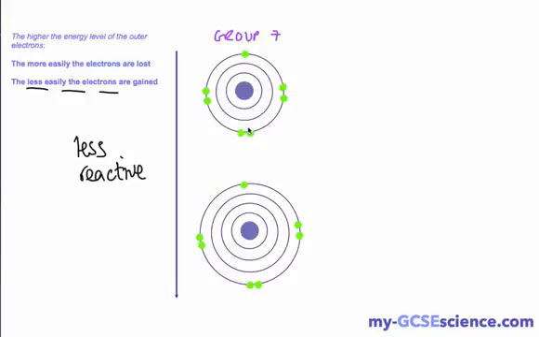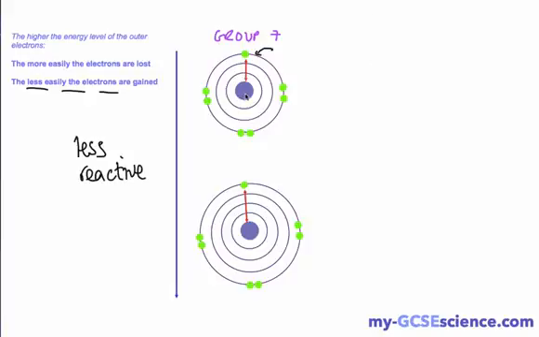For group 7 elements to react, they have to gain an electron, and that's when a reaction would happen. And if electrons are easily gained, we have a reaction. For elements that are further down, you can see the distance again is further. The distance of the electron from the nucleus is further, so that means it's going to be less easy to gain that electron. That means it's going to be less likely to react. It's going to be more difficult for it to react.